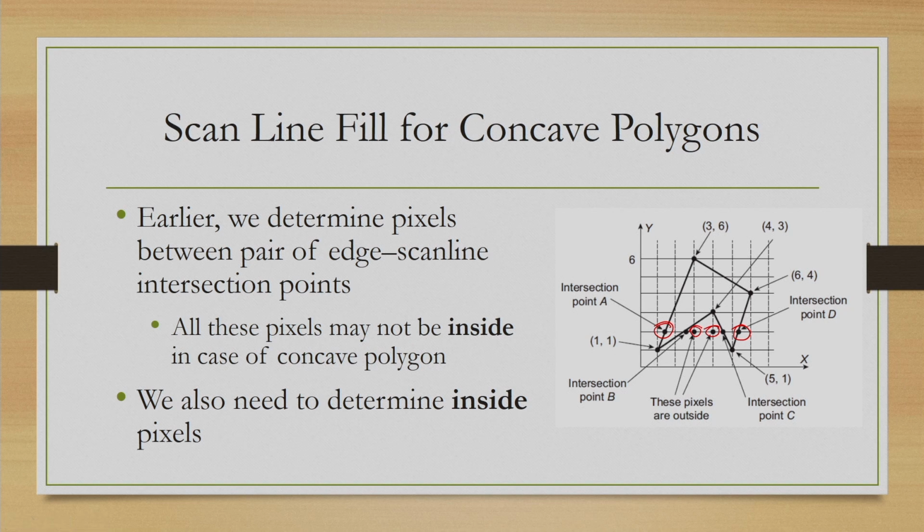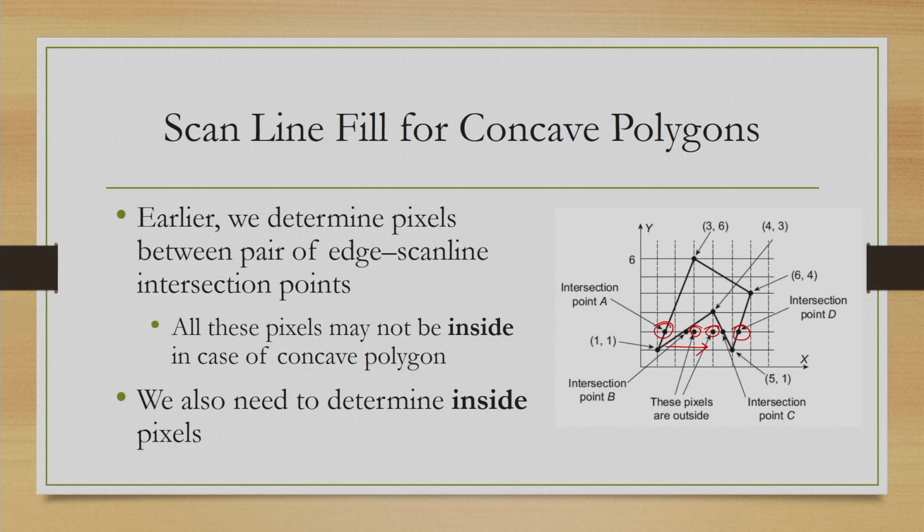If we follow the approach that we outlined earlier, that we will just move along this line to get all the intermediate pixels, then outside pixels will also be treated as interior pixels, which definitely we do not want. So, we need to go for a different approach when we are dealing with concave polygons.